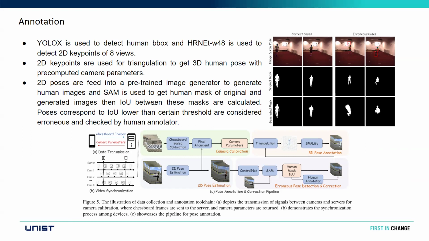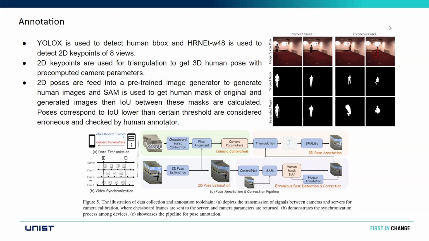Then they compute IOU between these masks, and poses with IOU levels below a certain threshold they defined are considered erroneous, and then manually checked by a human. By this way, they reduce the manual work by only doing manual annotation for cases when the IOU is below the threshold.